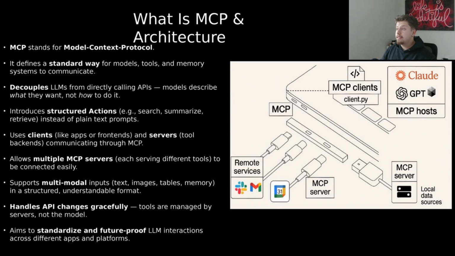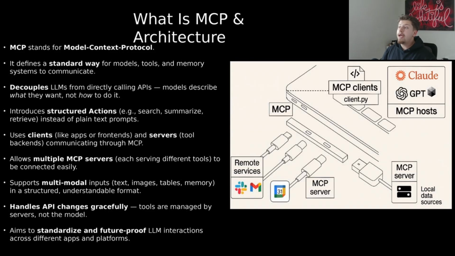So here you can see we do have this architecture diagram where your LLM model could be like your platform, could be Claude, your ChatGPT, which is your MCP host, where you would have your client.python file that holds your MCP server info configuration, I would say.